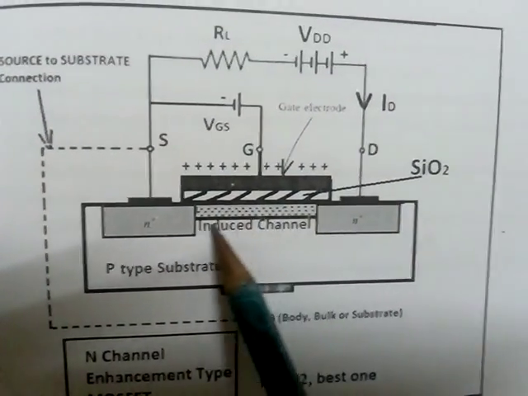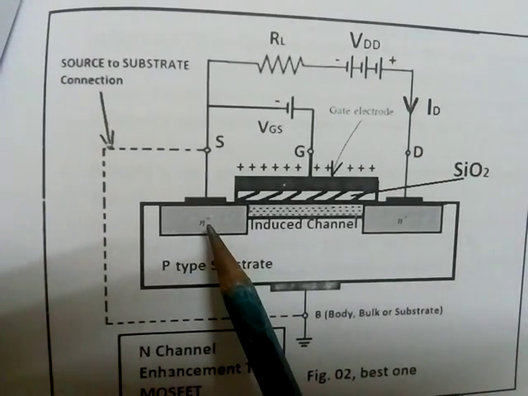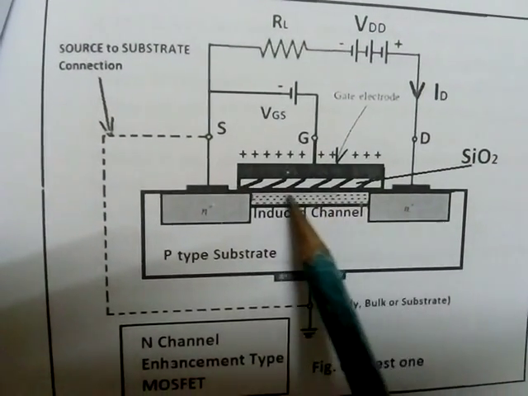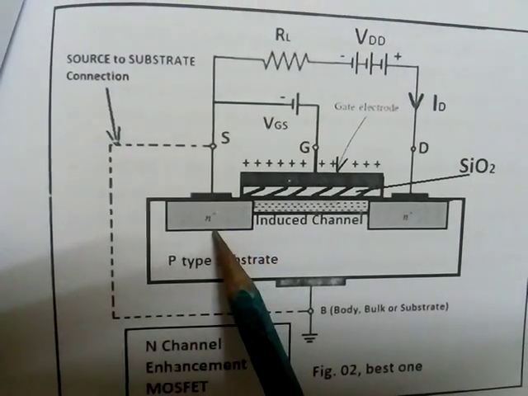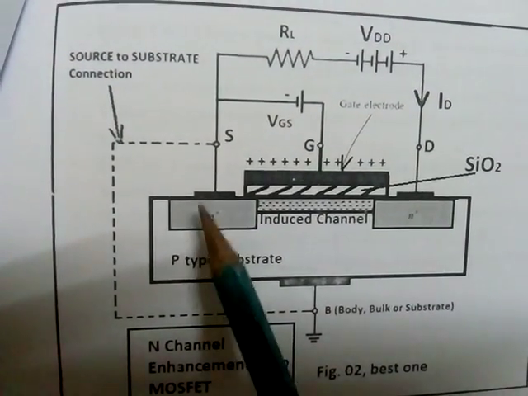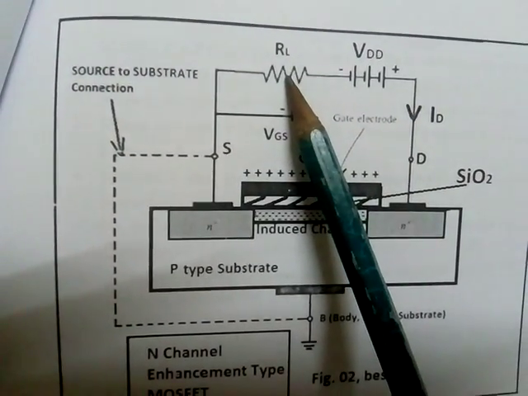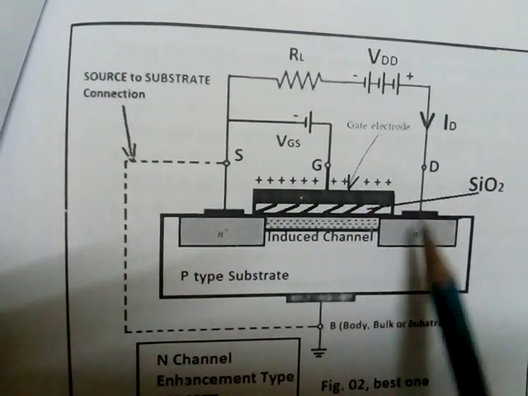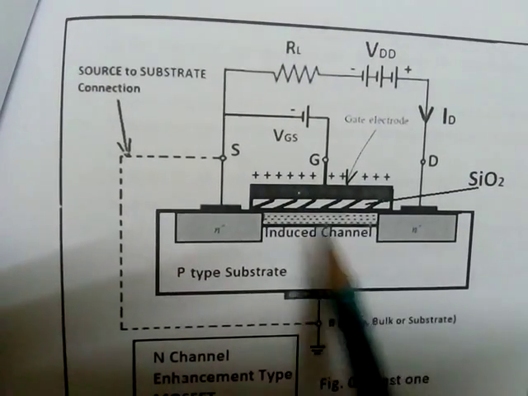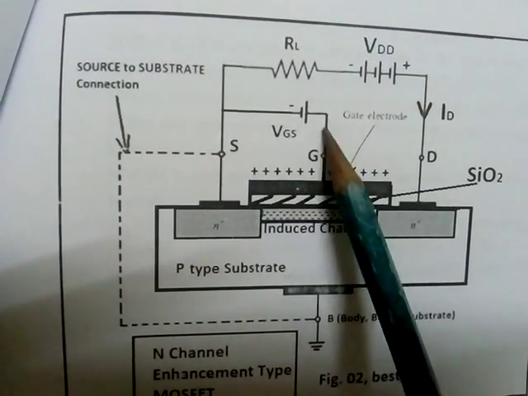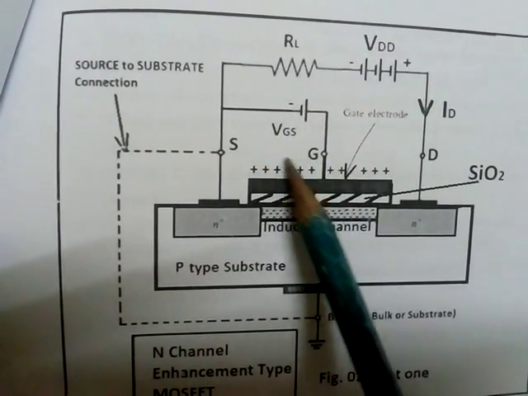But there is no chance for the current to flow because there is no contact between source and drain. This is the load resistance, say. So no current can flow if the gate is not present.